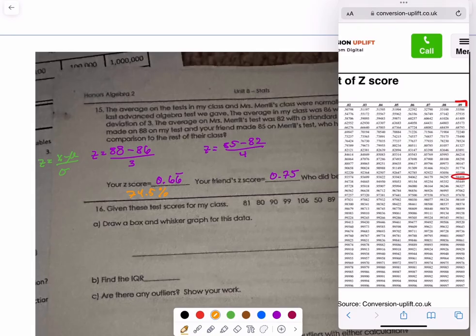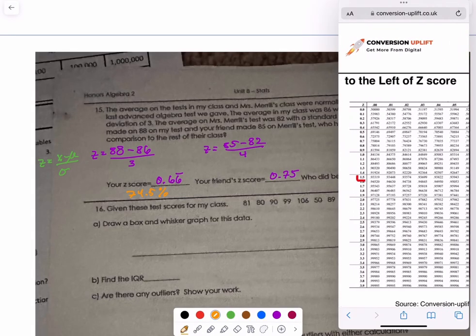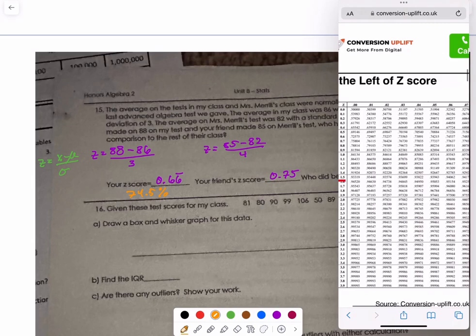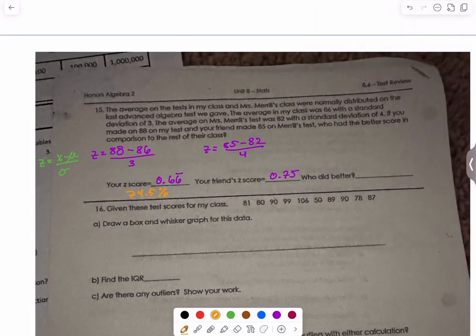And then 0.75, I think it's a little bit better. 0.75 is the 77.337 percentile. So then the friend, it looks like the friend did better, if we did these calculations properly.